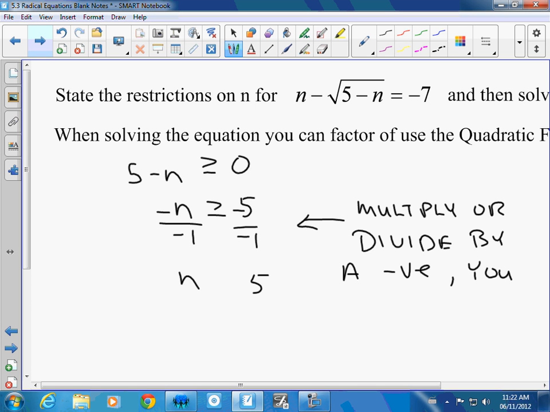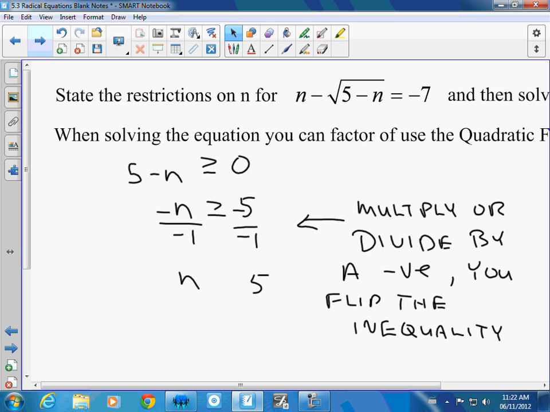You flip the inequality. You guys remember that? You should remember that. If you're in grade 11 pre-cal, you were taught this stuff. Well, we can't remember every single thing. Okay, so this flips. Now think about this for a sec.